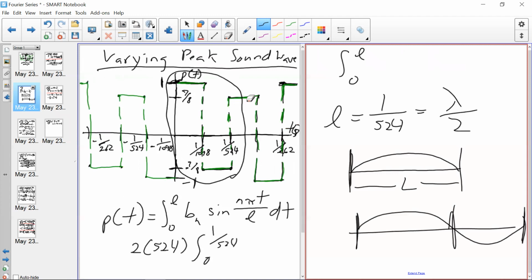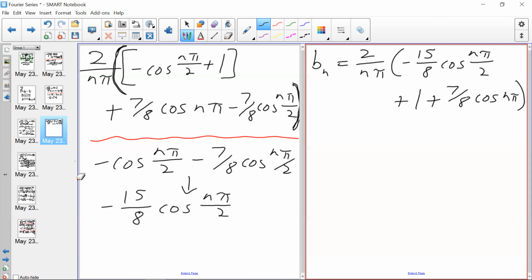So there's individual waves that make up this pulse, or varying peak sound wave that I call there. Like I said, cosine n pi over 2 earlier is going to be 0, so this term here is going to die off.